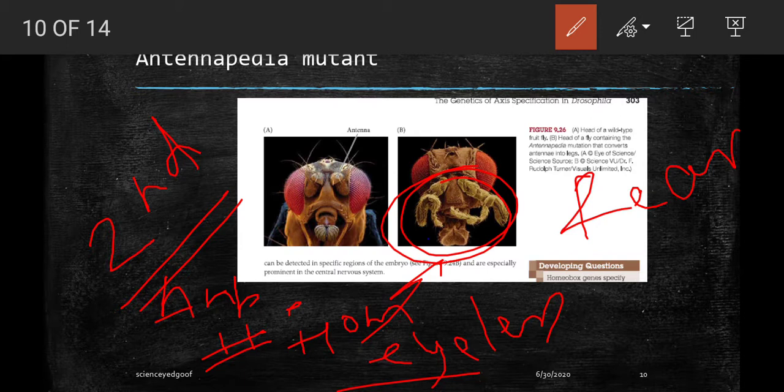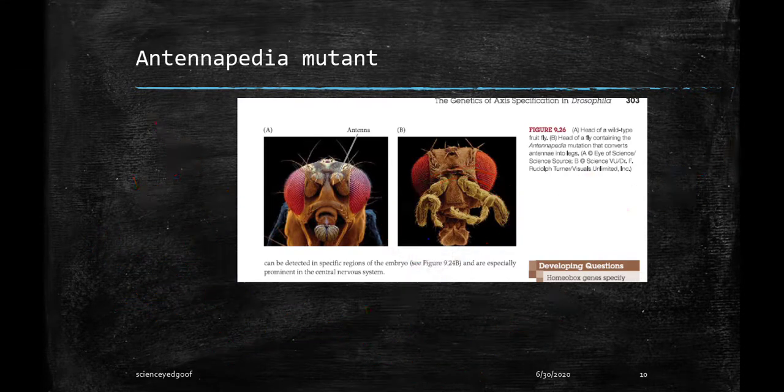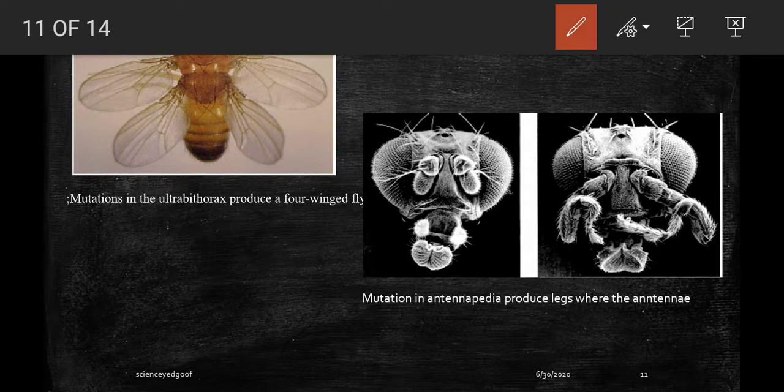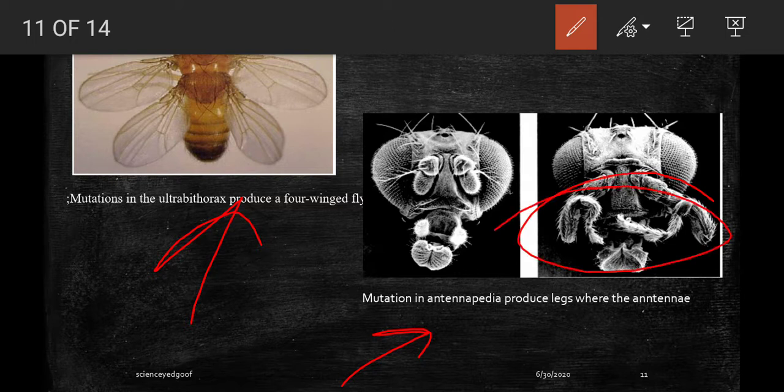In the second thoracic segment, the antenna will be seen in the region where your legs are present. So I hope you guys understood, and here are some of the diagrams. These are the mutations of Ultrabithorax produced in a fly, and you can also see the mutations of Antennapedia, where you can see the legs in place of the antenna, and in case of the recessive mutant, the reverse happens, where you can see antenna in the region of legs.